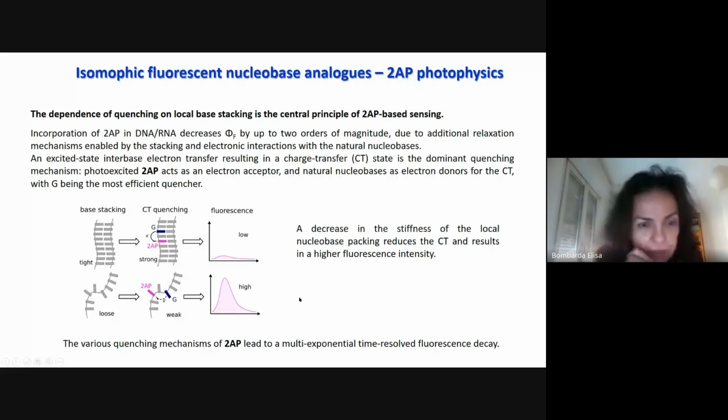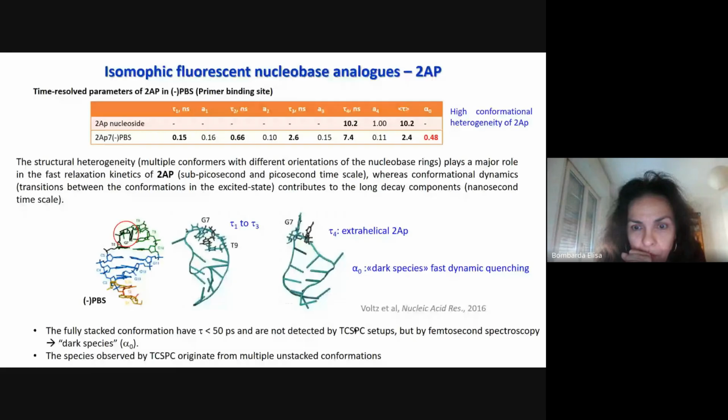And so, as you see, we can use this to probe local conformational disruption, for example.